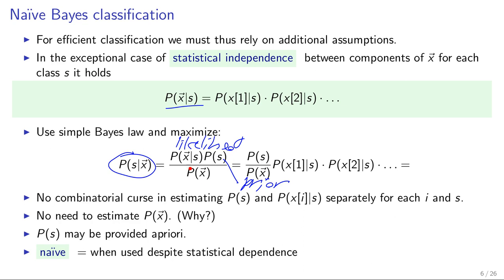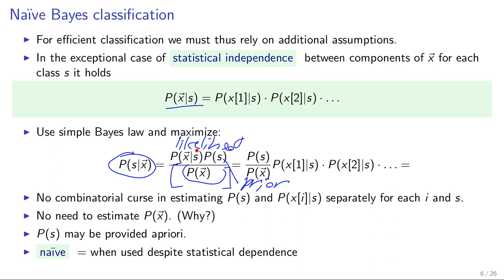And then you have this evidence with which you can normalize how often the different feature vectors come up. But as we're doing classification, this is kind of facultative, because normally after the maximum, you don't really care about normalizing the probability in this sense.